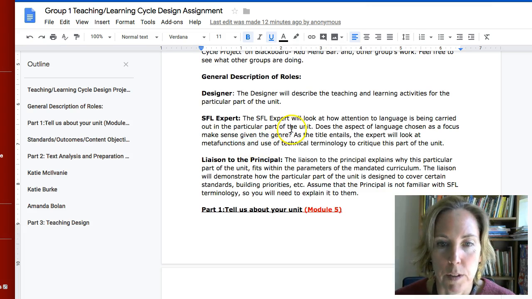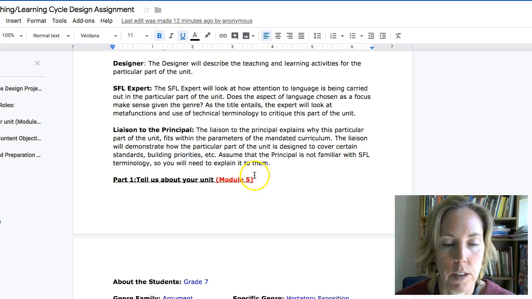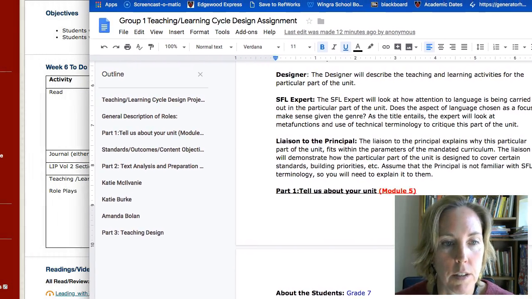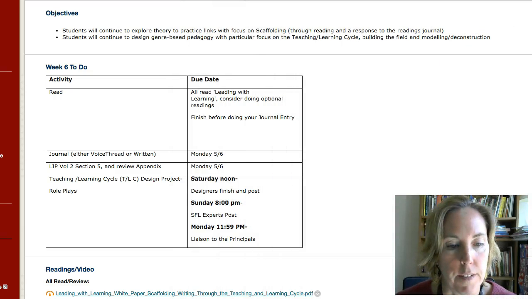But this so far is really working. I've done these roles for 1 year already with 2 different classes, and I really like it. I like that it forces them to think this way. So that is our Teaching Learning Cycle project.